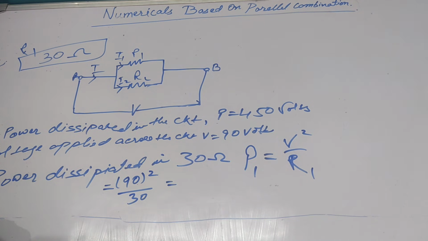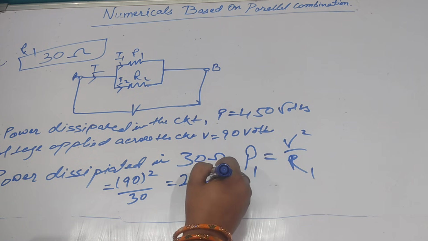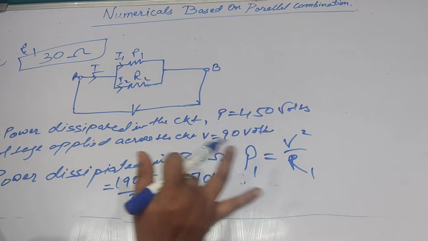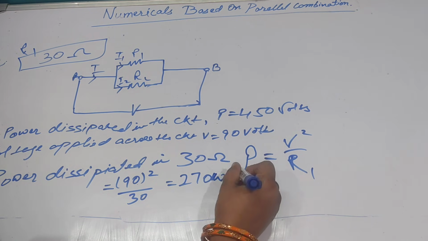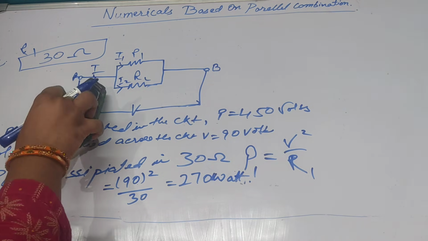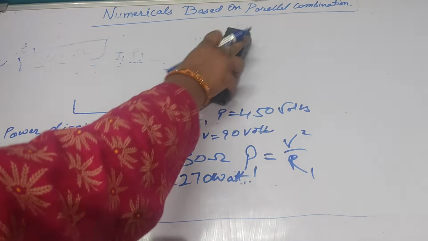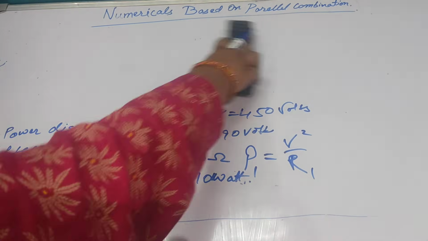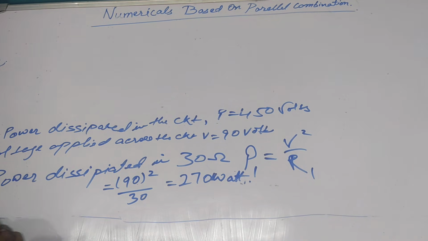What will we get? 90 square, 270 watt. Okay. Just you have to remember this diagram. Diagram is most important in circuit questions. You can also solve it on fingertips.